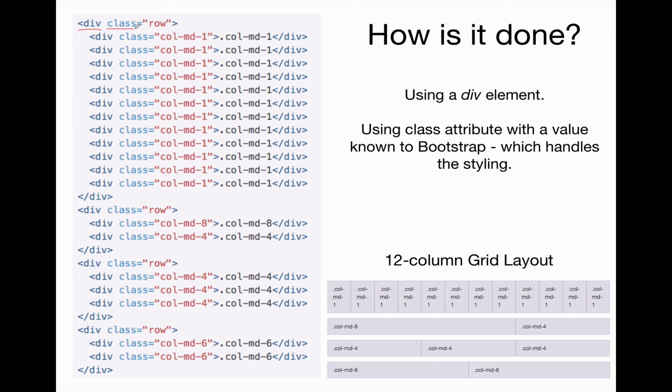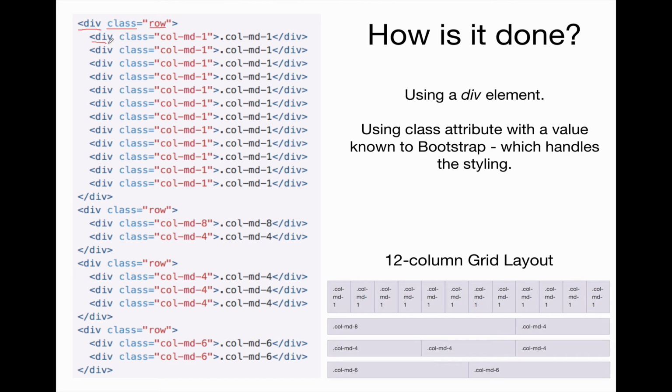The class attribute used as part of an HTML element allows us to define classes that the HTML element is associated with, and those classes are defined in cascading style sheets. So there's a style sheet rule called row, and as you can imagine, a row defines a row of columns.